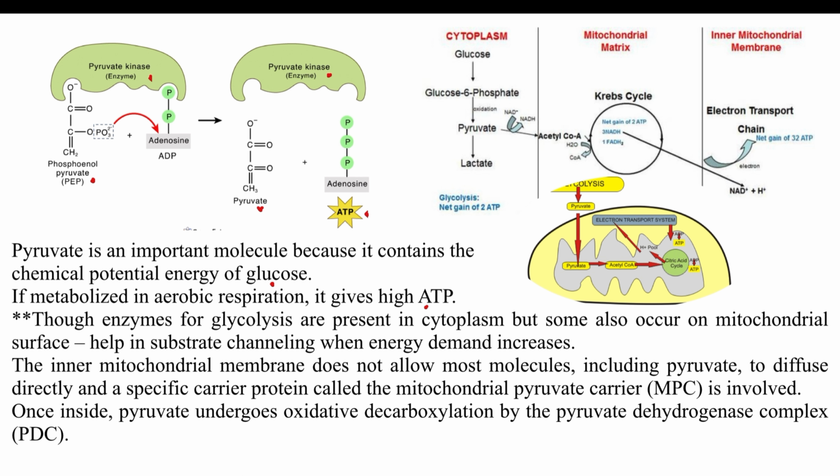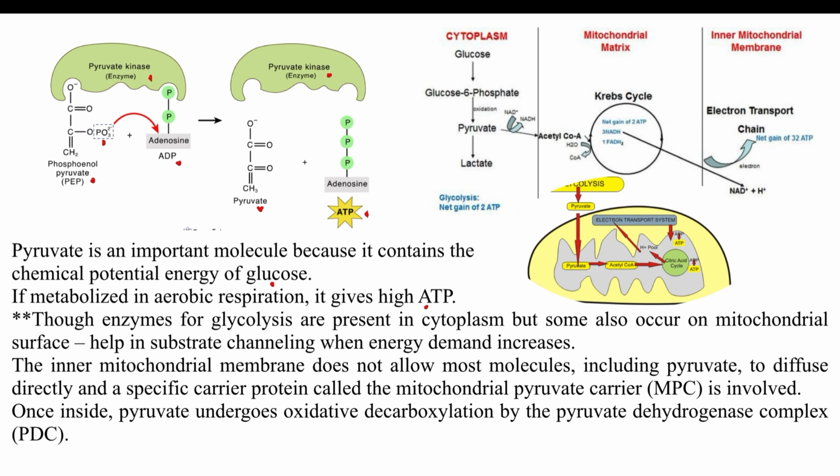Now, ADP is here and in close proximity of phosphoenol pyruvate. So during the vibration or the movement of the enzyme, there is a high energy phosphate in phosphoenol pyruvate. I told you that phosphorylated compounds are important.